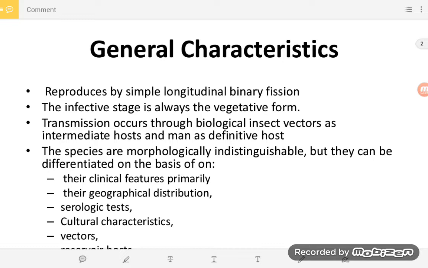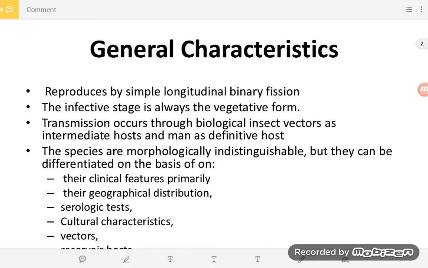In Trypanosoma species, the infective form is the metacyclic trypomastigote form. Transmission occurs through a biological insect vector as intermediate host.